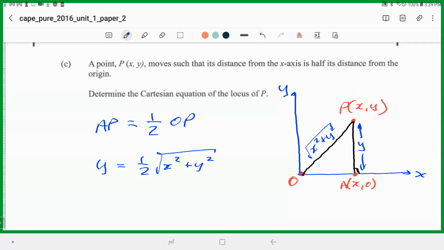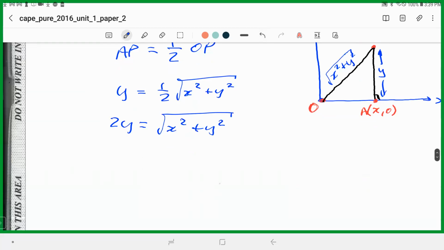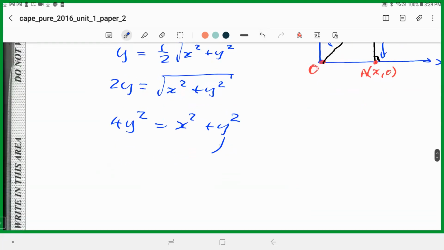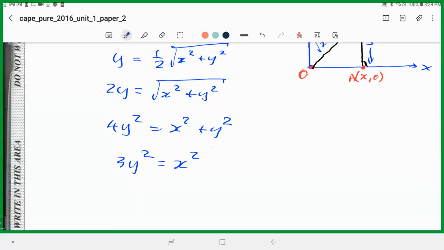That is the locus. Multiply by 2 to get 2y equals the square root of x squared plus y squared. Square both sides: 4y squared equals x squared plus y squared. Transpose the y squared and get 3y squared equals x squared. That's the locus. Done.